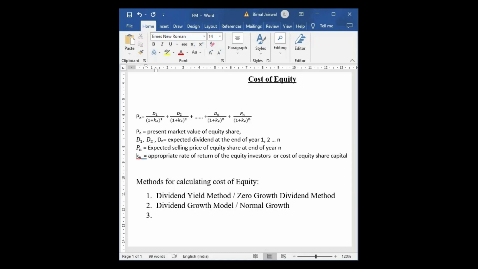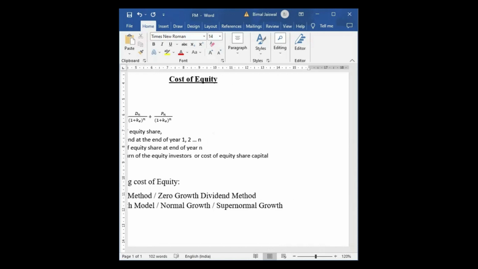Third, along with the normal growth, we also have in the growth model itself the concept of supernormal growth.